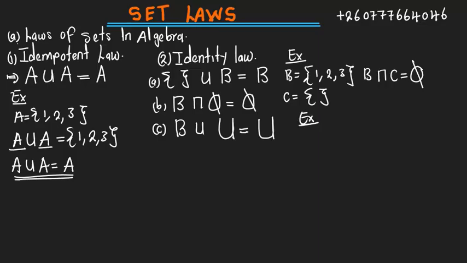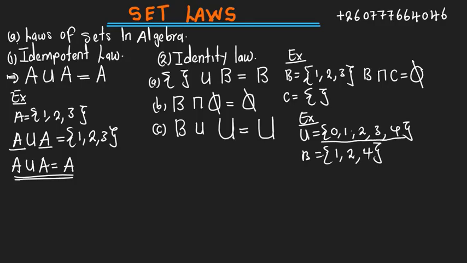Let's say the universal set is 0, 1, 2, 3, 4, and B is the set 1, 2, 4. If we find B union the universal set, we are just going to have the entire universal set, because union is just a combination of all sets. Hence, this particular law holds. It's very important for you to understand.